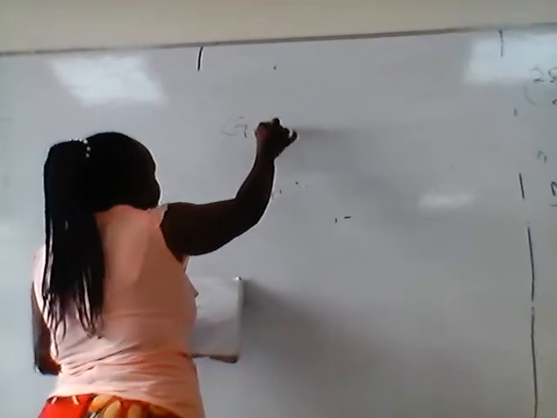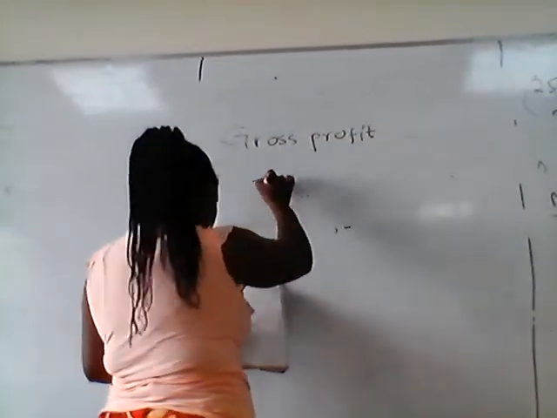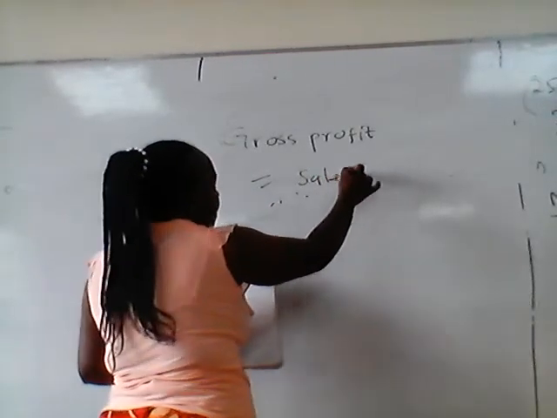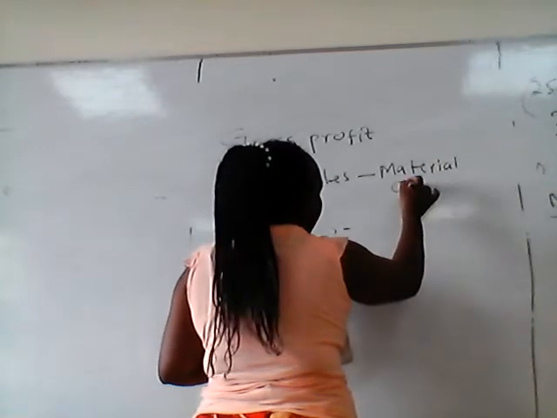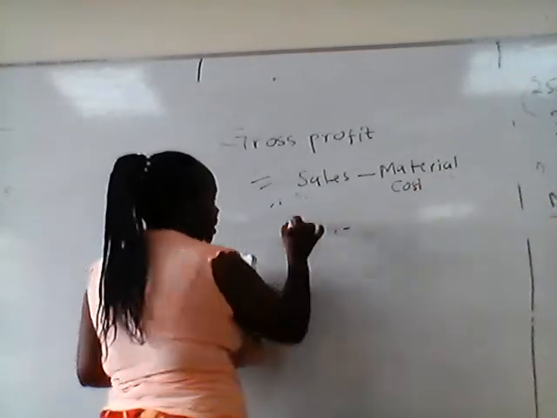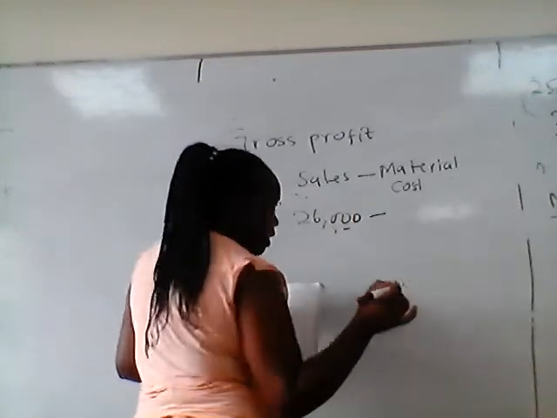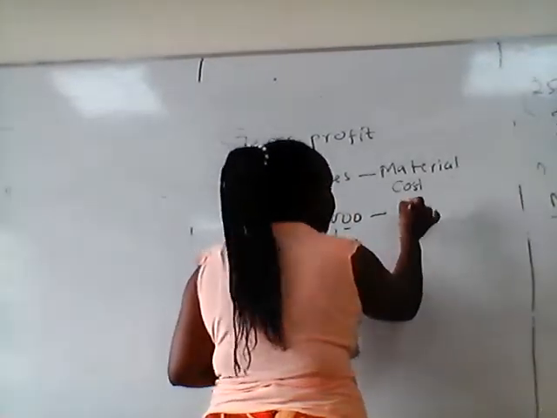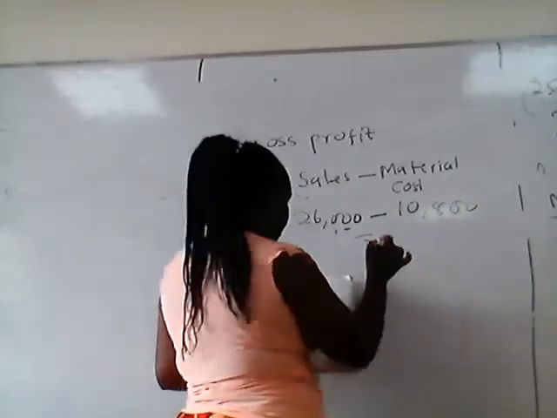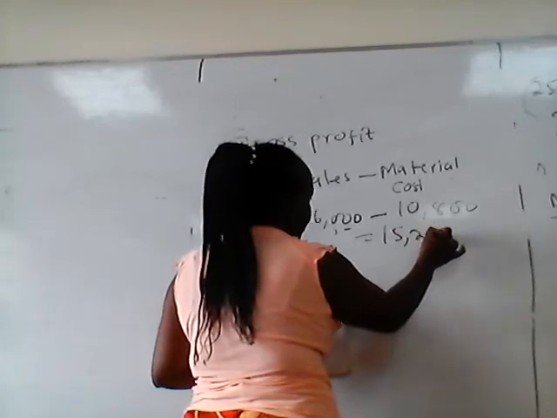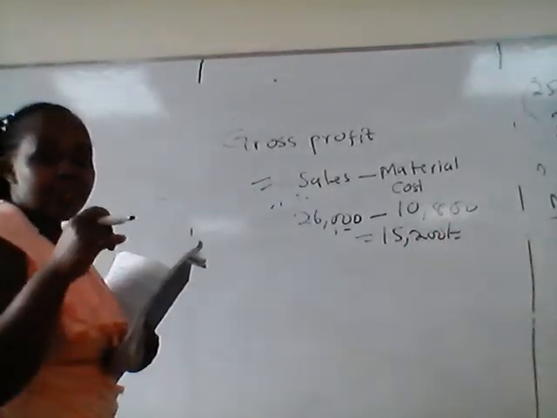Gross profit is equal to sales minus material cost. Sales is 26,000 minus material cost, which we had gotten as 10,800. What do we get? That is 15,200. That is the gross profit in shillings.